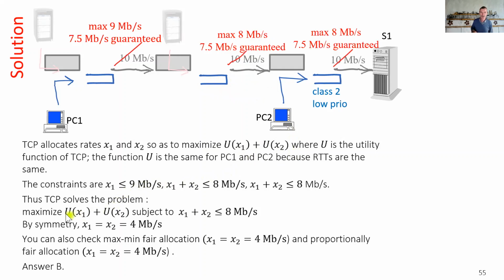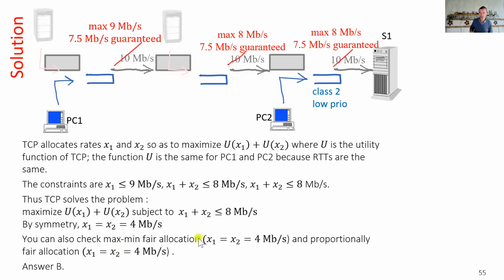So it will maximize u(x1) plus u(x2), subject to the constraints. The constraints are given by the 3 links here, but they boil down to only this one, x1 plus x2 less than or equal to 8. Since the utility function is the same, probably it's obvious that the optimum is symmetric. It should be 4 megabit per second. So that's one way to get the answer.